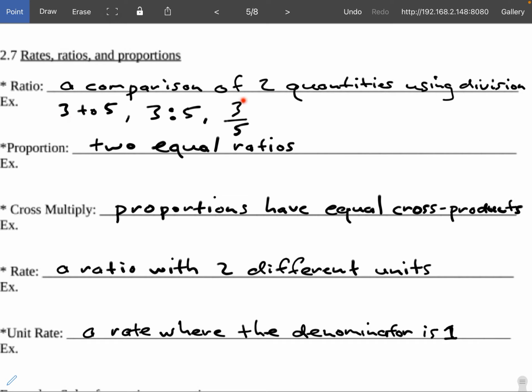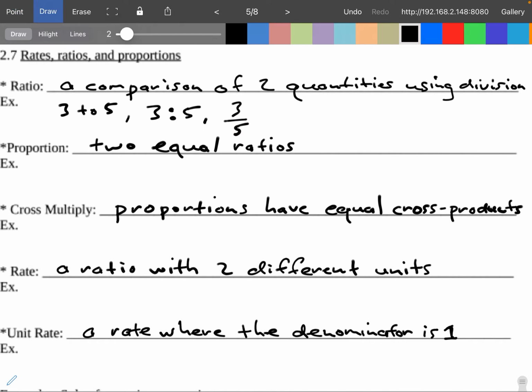But it's important to note that when you have this word "to" in here, if it says 3 to 5, the 3 goes in the numerator, and then the 5, that would go in the denominator when you write it in fraction form. All right, then the next one says the proportion is 2 equal ratios.